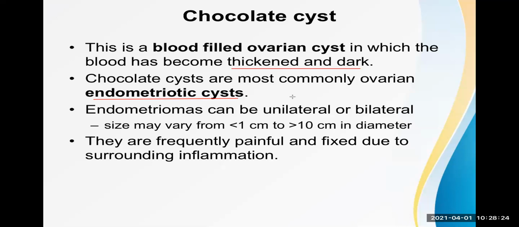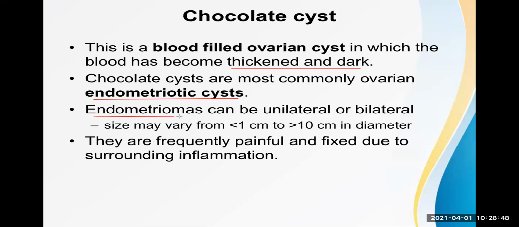Endometriosis is a condition where endometrial tissue is present outside the uterine cavity. There are multiple hypotheses for this. Hypothesis means how the endometrial tissue reaches there or how it develops there. We'll talk about that.